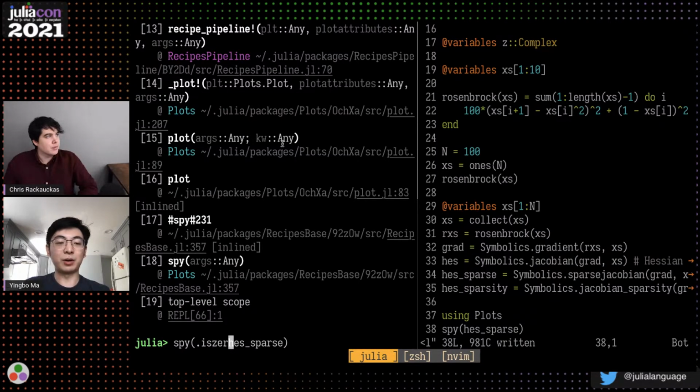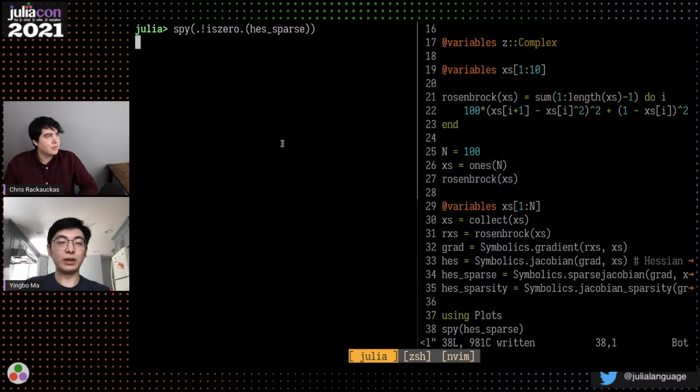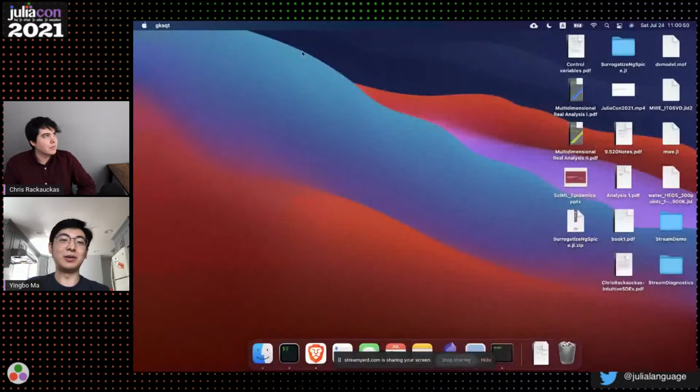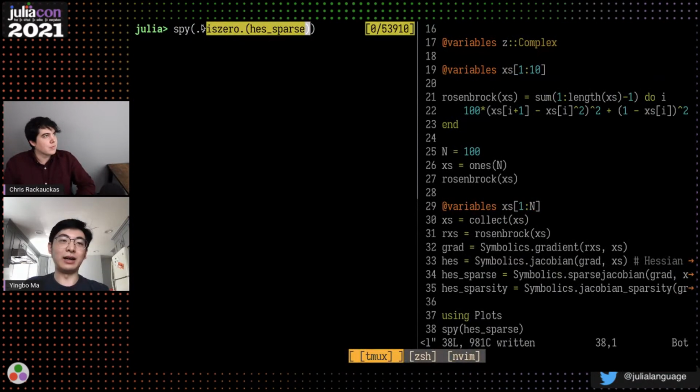We can do it by broadcasting. So this is saying if that is 0, then that's true, right? But we only want to plot the non-zero entries, so we add a negation in front of it. And of course, we need to also broadcast the negation operator, so there's a dot in front of the negation operator.